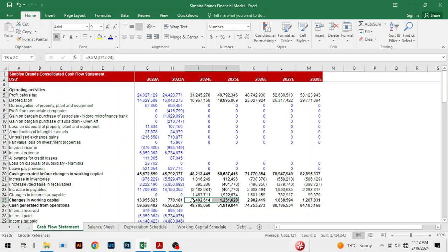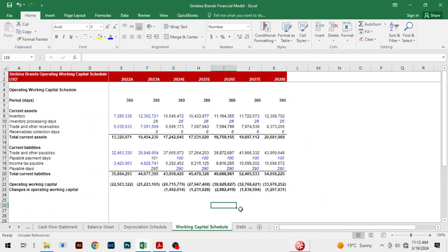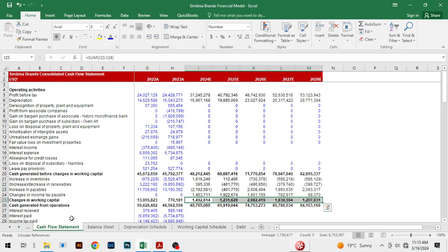So here you can see that this one is similar to what we got here. So if you see your figures here in negative format, to see if you have done it correctly, they have to be positive in the cash flow statement.